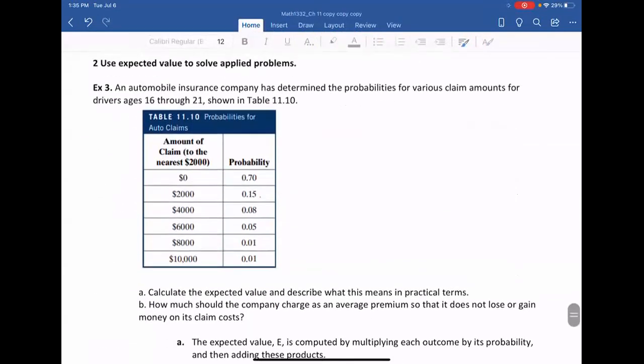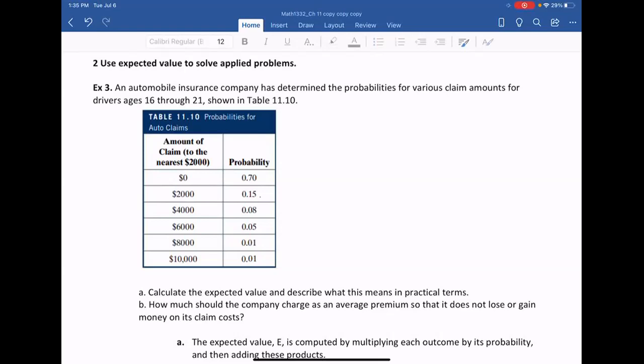Next one is use expected value to solve an applied problem. In example 3, an automobile insurance company has determined the probability for various claim amounts for driver ages 16 through 21 shown in the table.